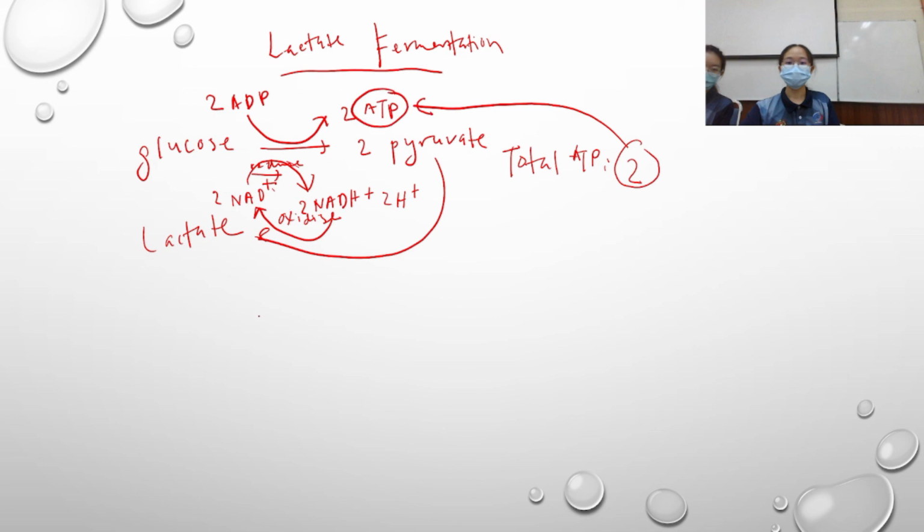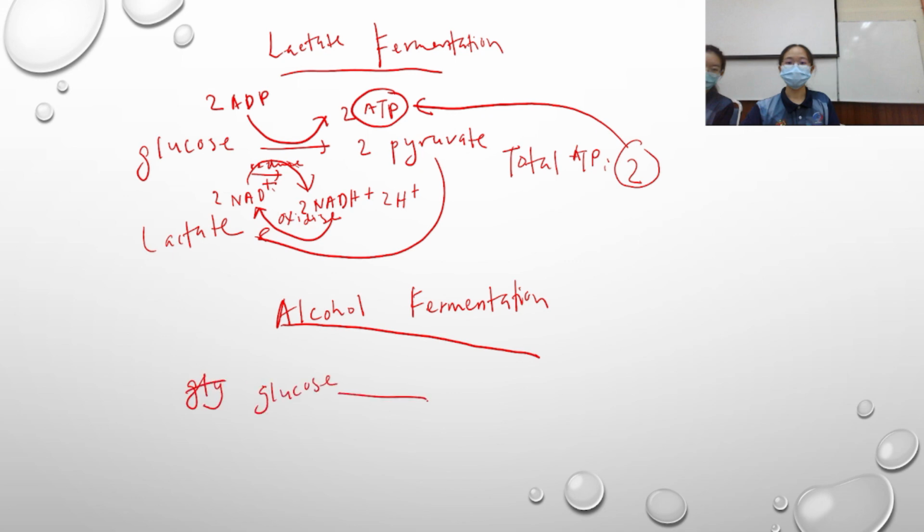The second fermentation is alcohol fermentation, which occurs in plants, bacteria and yeast. Same as lactate fermentation, it also undergoes glycolysis, where glucose is oxidized into 2 pyruvate, and 2 ADP will receive a phosphate group and turn into 2 ATP.